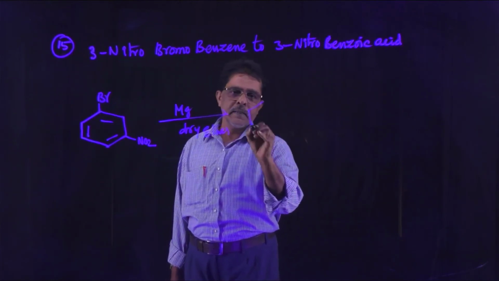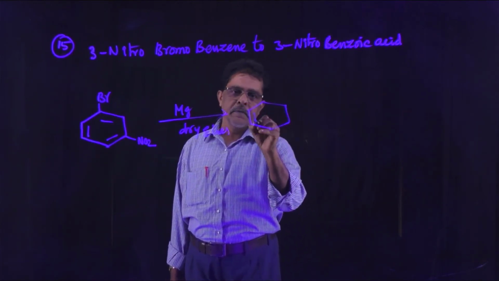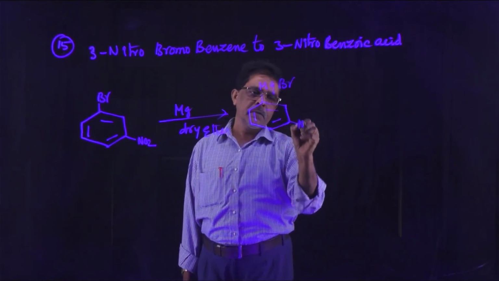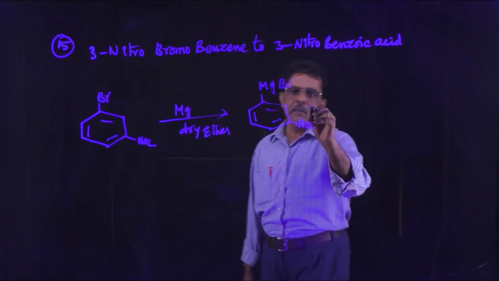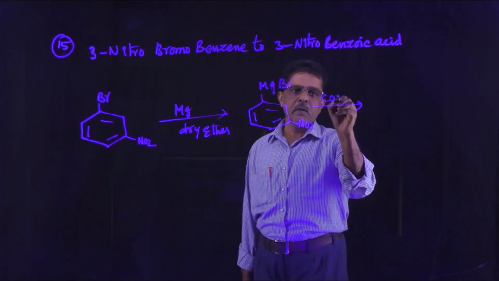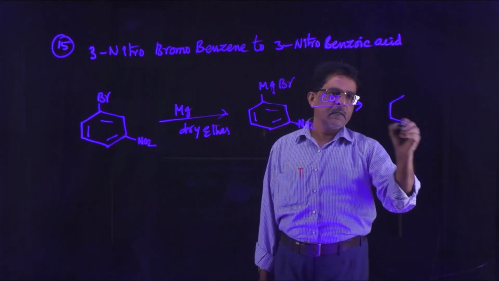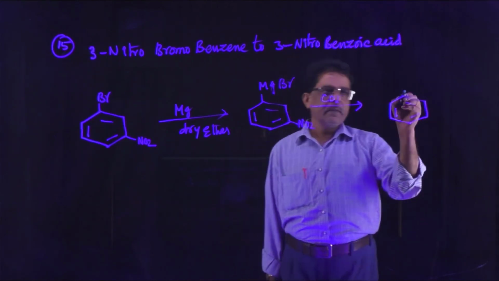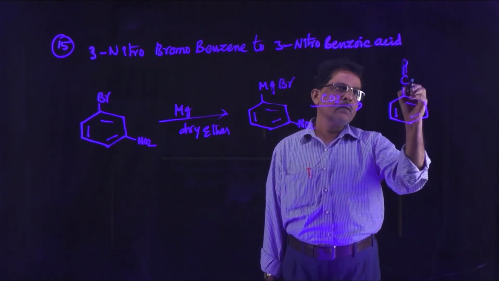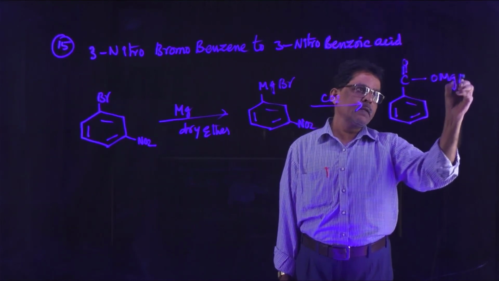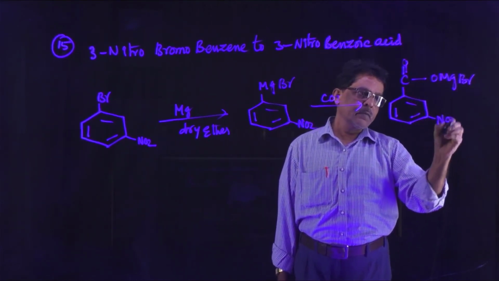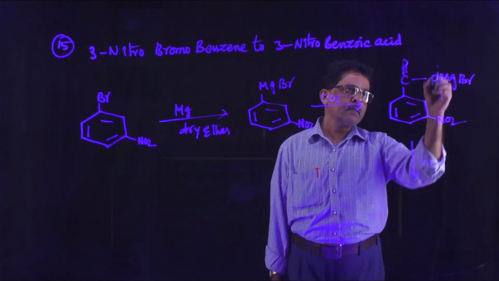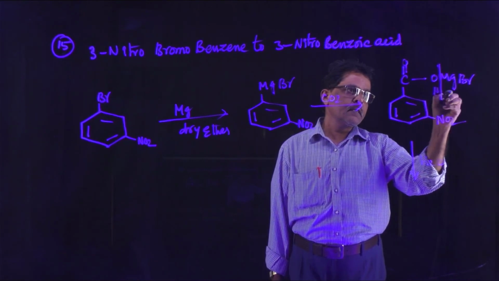Then you will get MgBr at the meta position. Then it reacts again with carbon dioxide, and you will get an intermediate product, C double bond O, OMgBr, with the NO2 group. This is subjected to hydrolysis, meaning OH will take place.